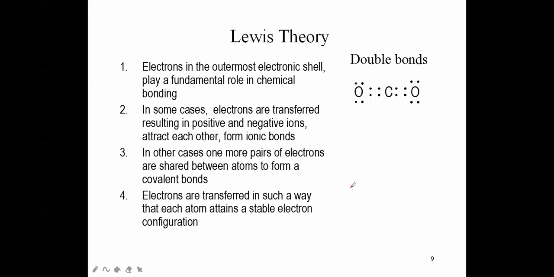So double bonds, for example carbon dioxide, we see the sharing. We can represent it in this form. A single pair of shared electrons is one continuous line. If there are two pairs of shared electrons, we shall show it with two continuous lines.